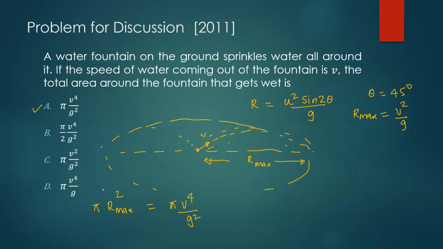But if you're not sure how to get it, you can also guess. Dimensionally, velocity has meter per second, and the acceleration due to gravity has meter per second square. I need area in meter square. So immediately, this is meter square, this is meter square, you can ignore this.